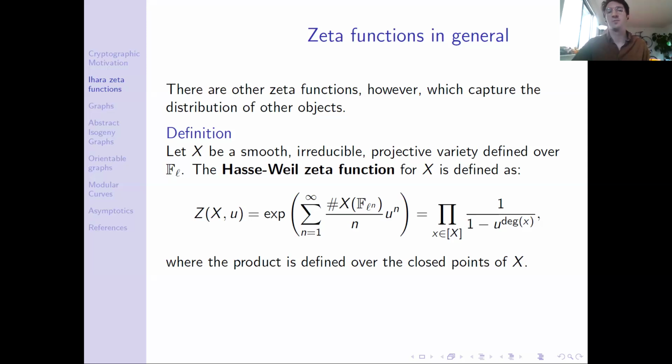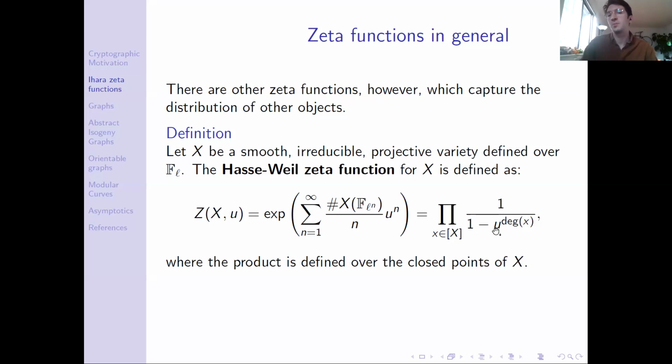And it's defined over some finite field. The Hasse-Weil zeta function is defined as this exponential of a sum that counts the number of points over different extensions of our finite field. And again, it has a product formulation that should remind you of the one we just saw for the regular Riemann zeta function.